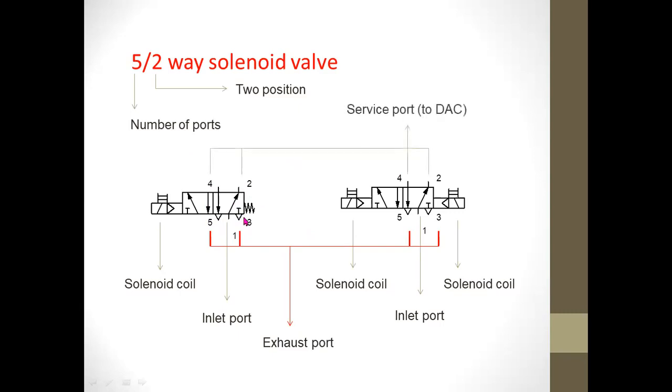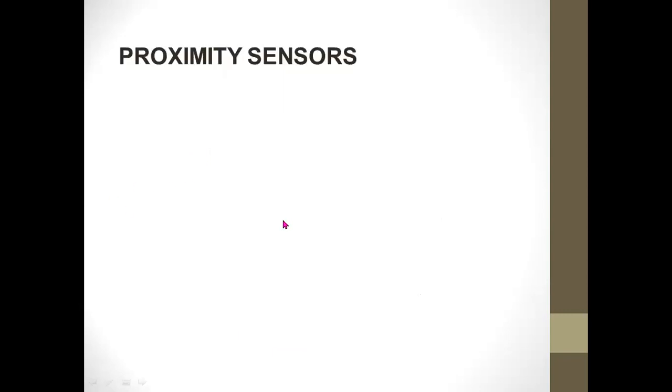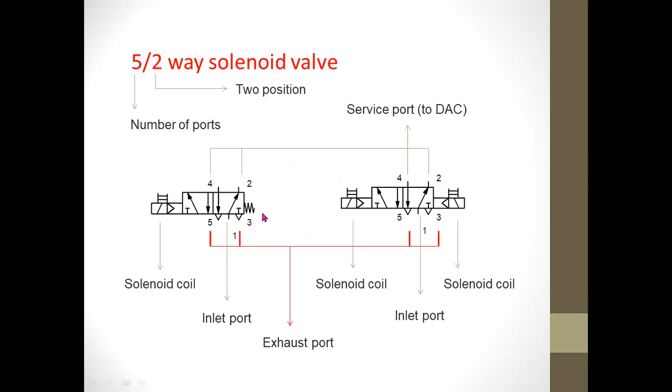Then we have the service ports, which are the ports connected to the double acting cylinder. As you can see, for the single coil, you have the spring and also the manual button, this one.